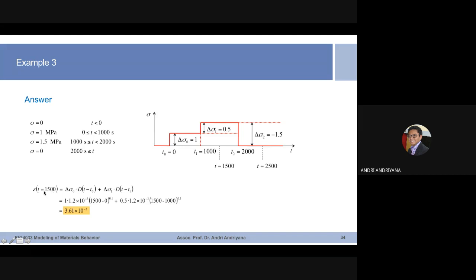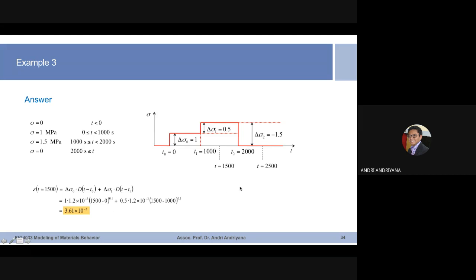Plus the second increment, the same thing, t minus t1: t is 1500, the time that we want to evaluate, minus 1000, because the second increment starts at 1000. When we calculate, we have the value of strain at 1500 seconds.